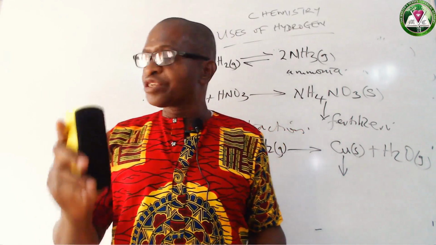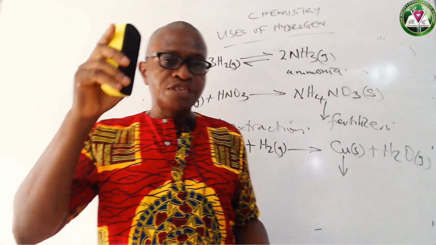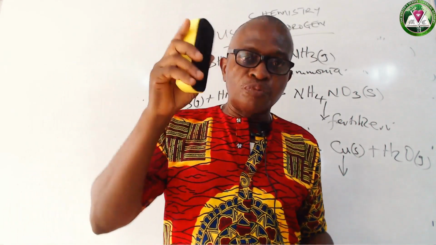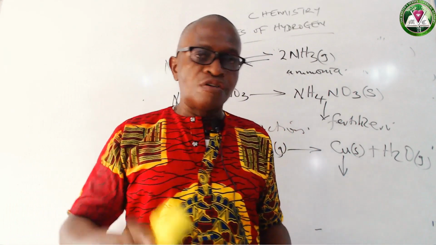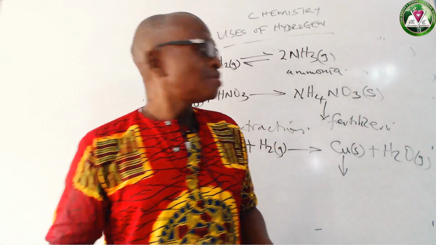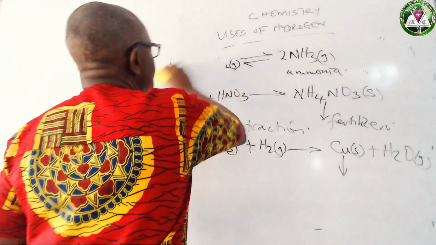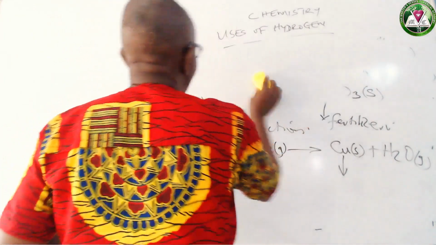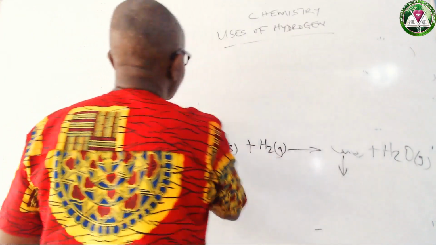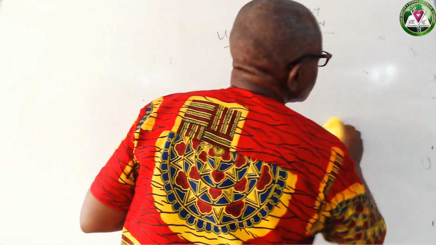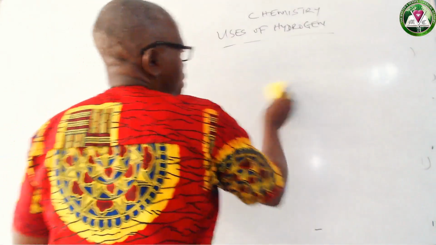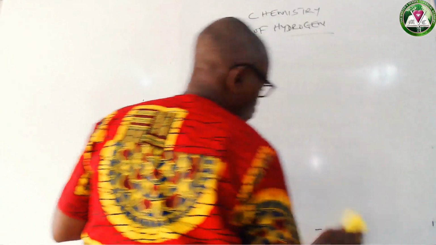Or isotopes are atoms of the same element with the same number of protons but different number of neutrons. Therefore, hydrogen has 3 major isotopes.